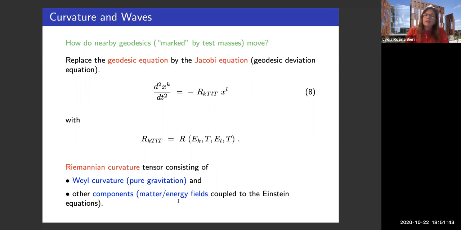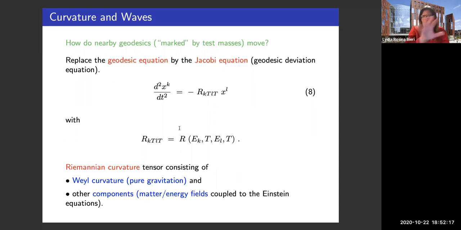If we couple the Einstein equations, for instance, to an electromagnetic field or any other matter, then this Riemann curvature has other components that come in through the right-hand side of the Einstein equations, which is the stress energy tensor. So if we are not in vacuum, then the stress energy tensor also enters this curvature. But you actually have a non-zero curvature that blows up for singularities or black hole solutions, which is given by the wild curvature when there is pure gravitation.